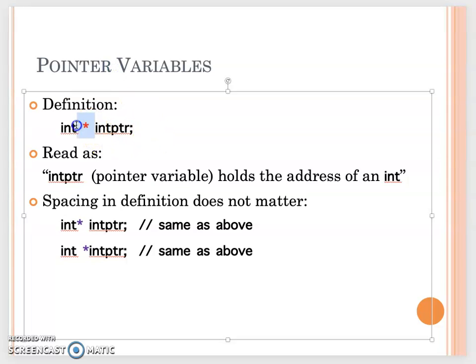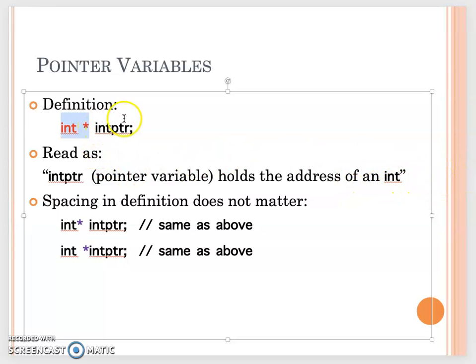This pointer variable refers to an integer value. Because I added the asterisk after the int, I know the variable int ptr is a pointer variable. It reads as: the variable int ptr is a pointer variable holding the address of an int variable.